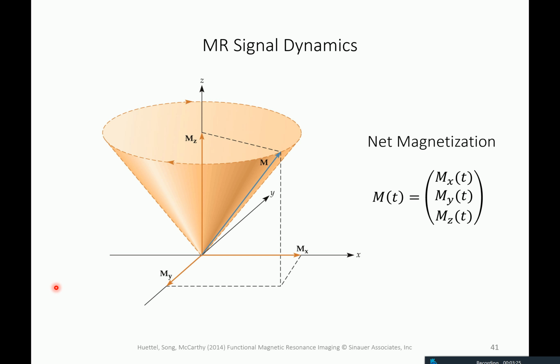The important thing is that we are currently viewing this three-dimensional thing as a function of time only, but not as a function of space. So we're not talking about this net magnetization varying over space. We're only talking about it varying over time.